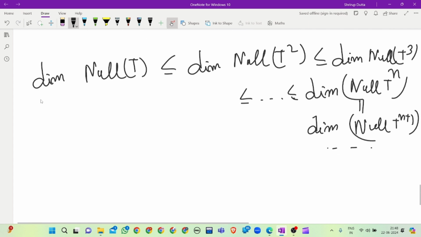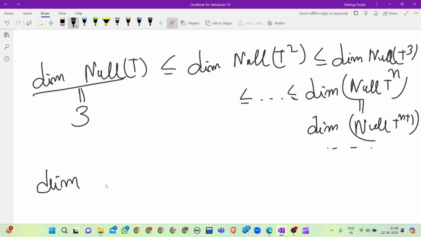So what is happening now? We have dimension of null space of T is 3. Now we previously claimed that if equality occurs in some case, then all are equal after this. Okay, so up to equality, we have the previous inequality.